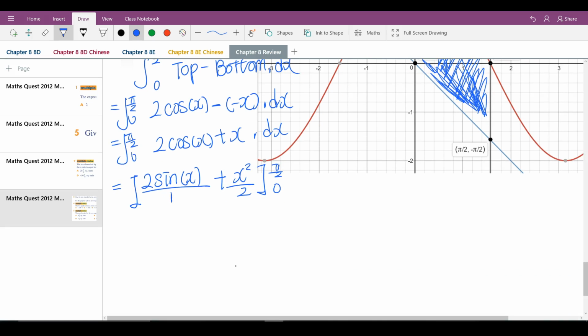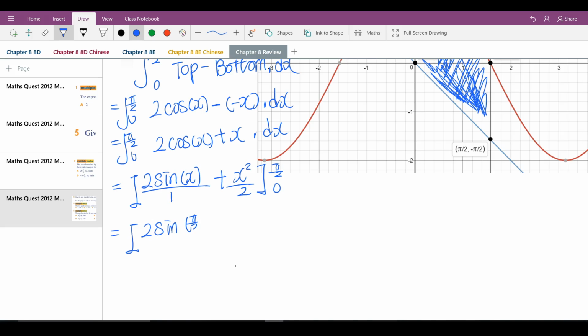Alright, let's put the values in. So we get 2 sine pi over 2 all over 1 plus pi over 2 squared divided by 2. Right?